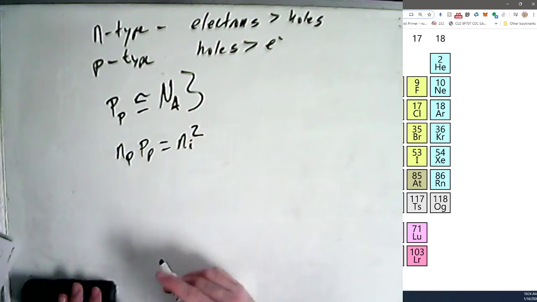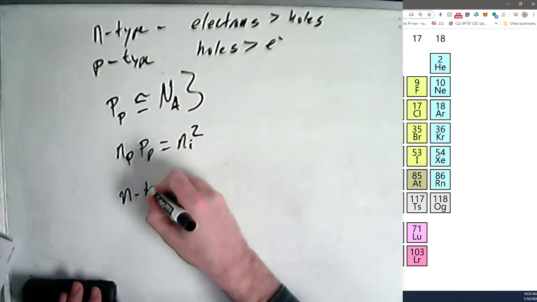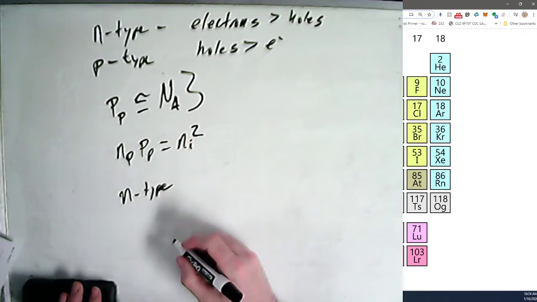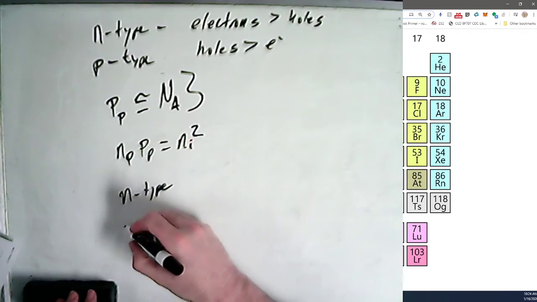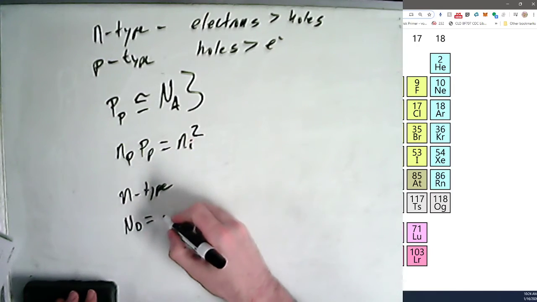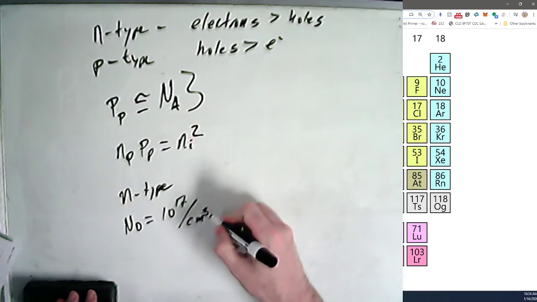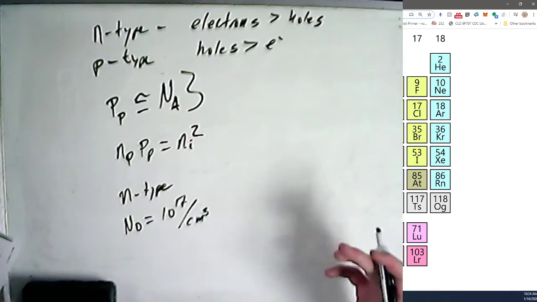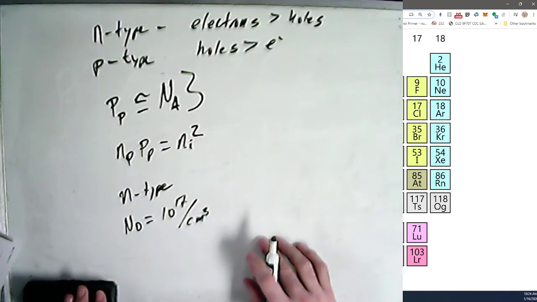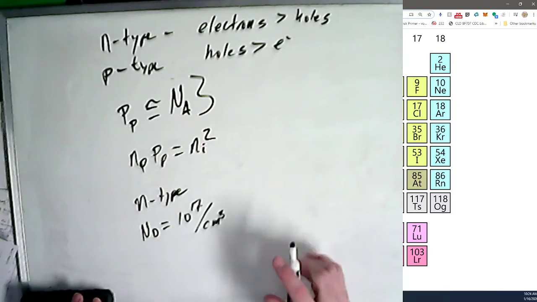We have an N-type piece of silicon, so N-type. Nd is equal to 10 to the 17th per centimeter cubed. That's how many phosphorus atoms they injected into a 1 cubic centimeter block. We want to know how many electrons are there, or approximately how many electrons.